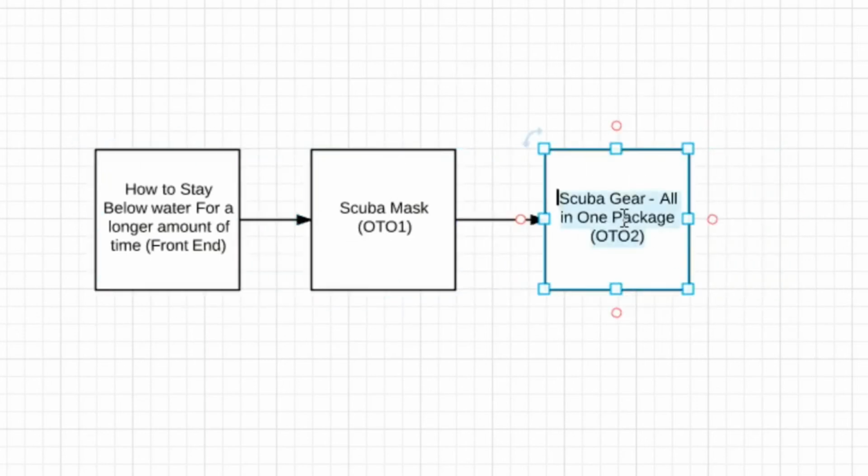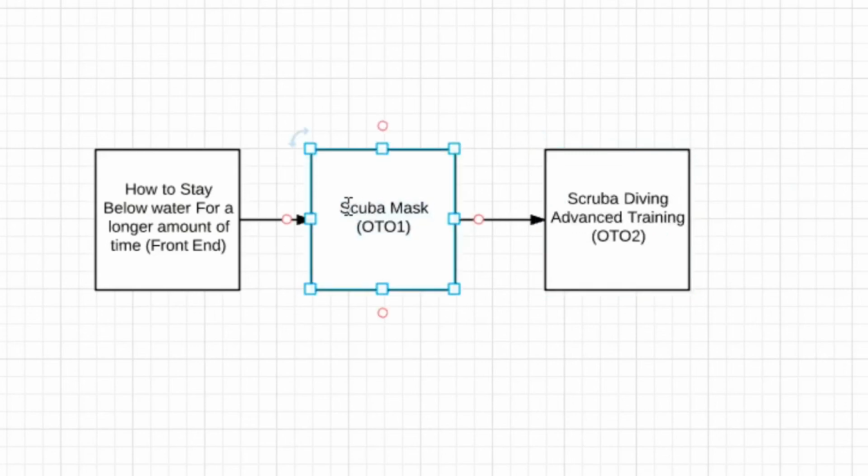Now, let's say it's an information product. Let's say we won't do a service, and we can do a service in the next video. But let's say, for example, that this is a product. So maybe we could do scuba diving training, advanced training. OTO2 is the biggest, baddest bonus that we can offer, and that's the advanced training.